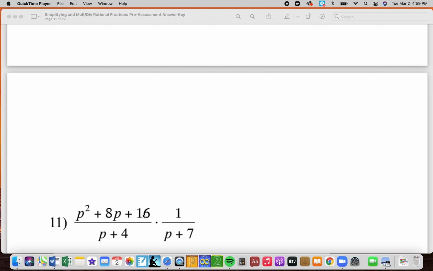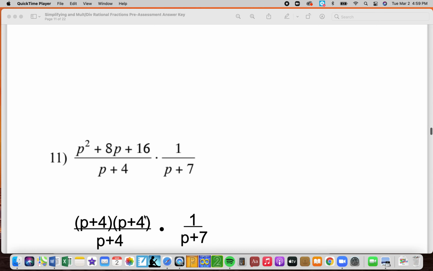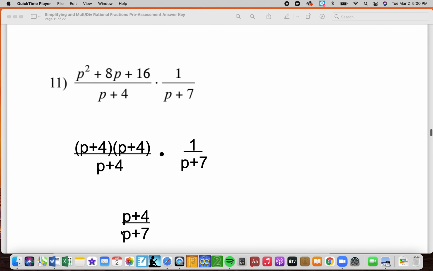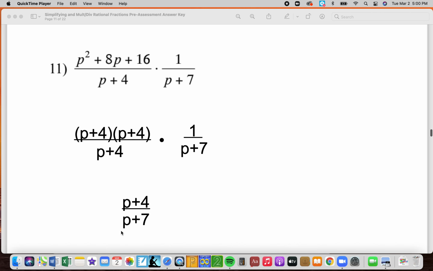That is actually a binomial square: 3 terms, second sign positive, first and third are perfect squares, and the middle equals 2 times the square root of the first times the square root of the last. So we can make that a binomial square, meaning p plus 4, p plus 4. The denominator is p plus 4, 1 over p minus 7. So these p plus 4s can cancel, and that leaves you with p plus 4 over p plus 7.